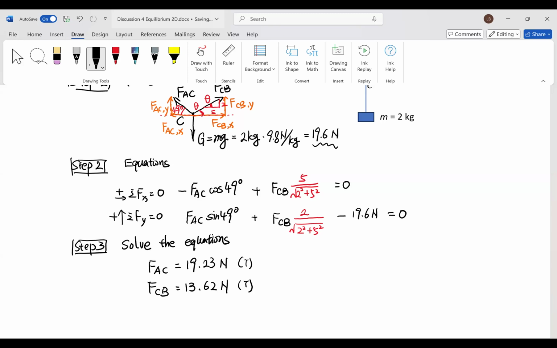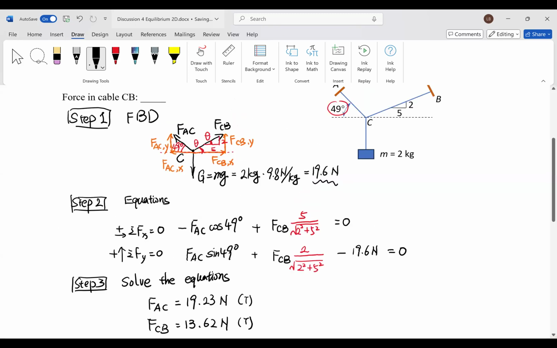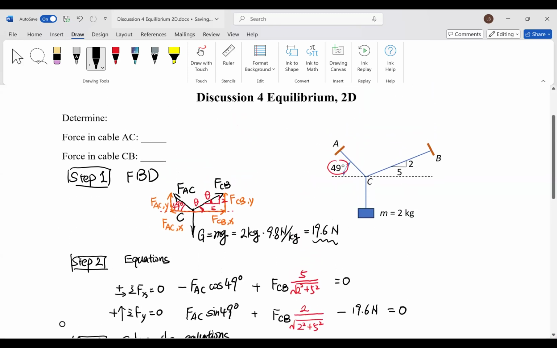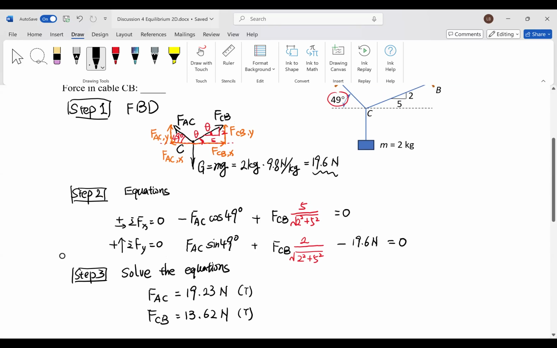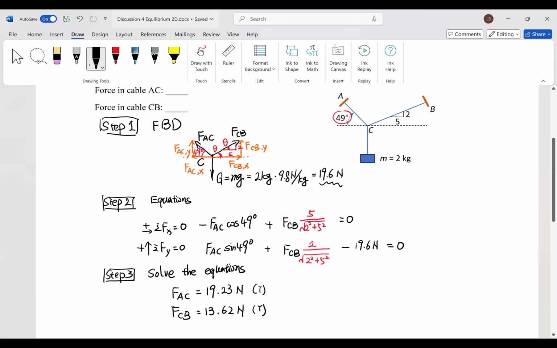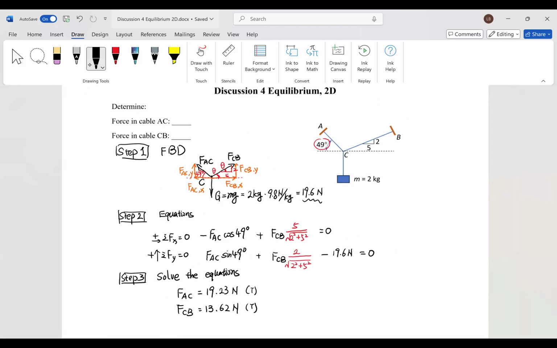Because we solved both AC and CB and they are positive, both of them are in tension. At the beginning we assumed that both AC and CB are pointing away from C, meaning they are pulling on C. In other words, we assumed they are in tension, and we solved that they are positive, meaning it is consistent with our assumption. So that is our answer here.